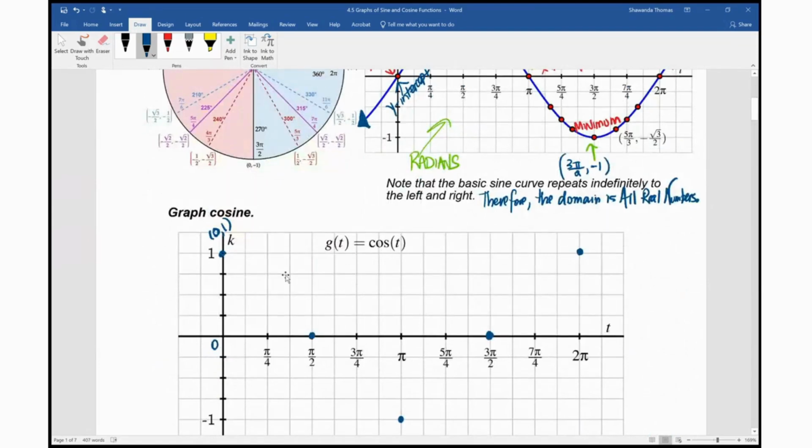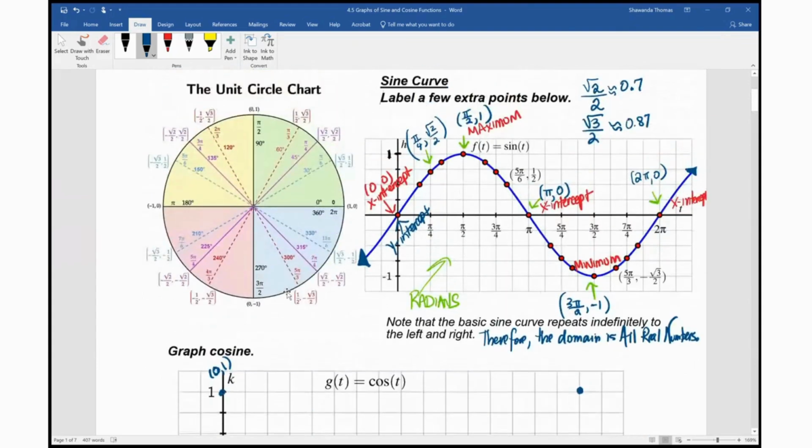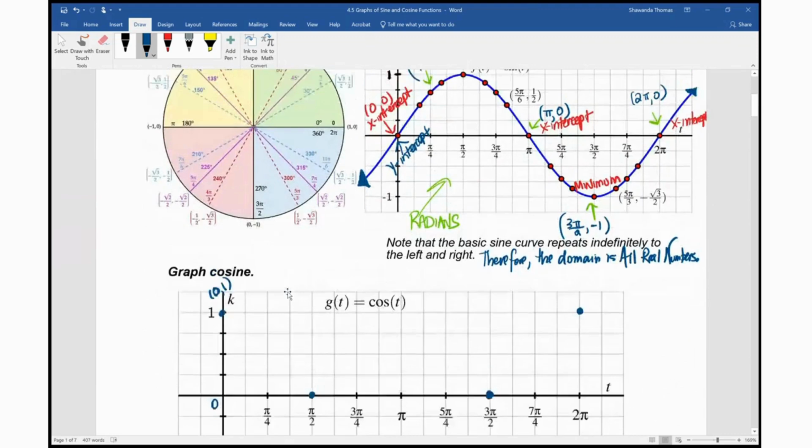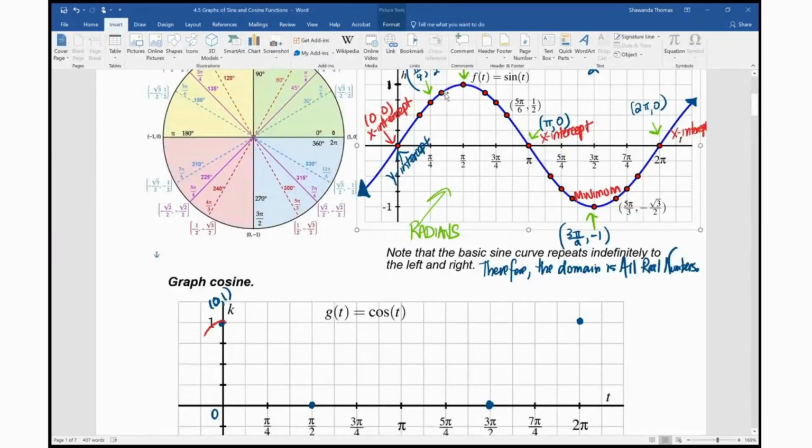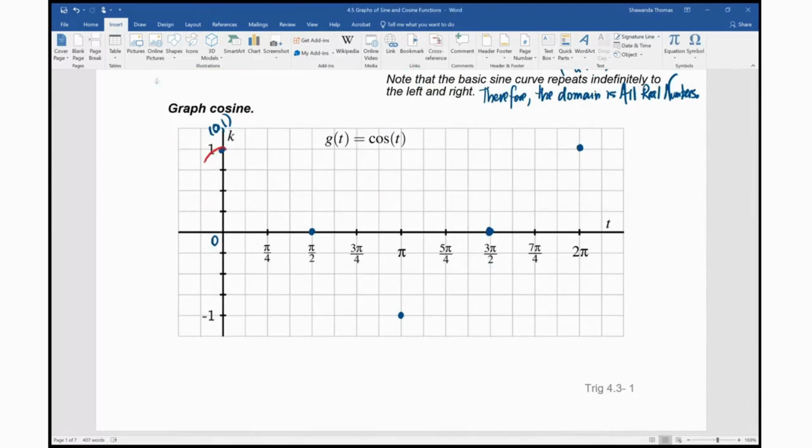Let's see if we can use any other points. No, that's good enough. I'm going to attempt to draw it. It may not be good, but we're going to attempt to draw this. Unlike sine, which started down here, notice cosine is starting up here.